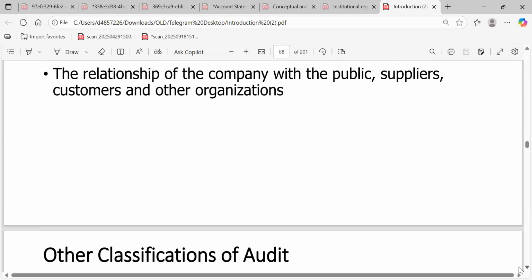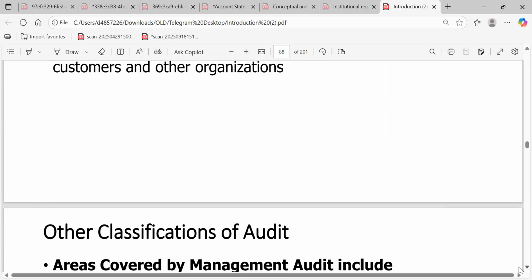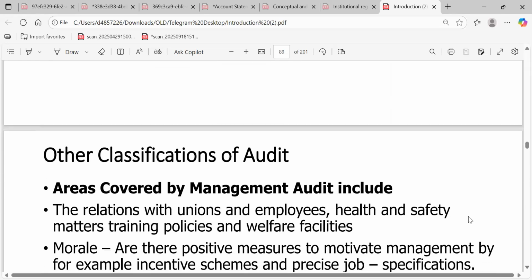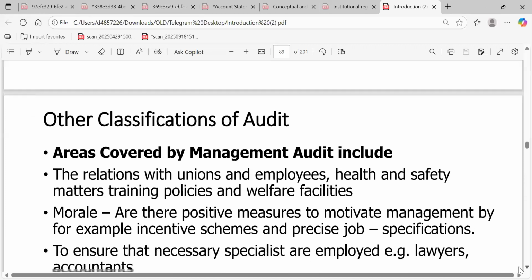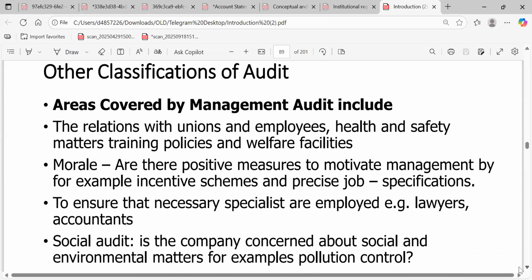Sometimes, because of independence and all of that, the entity may want to request an outside person to carry out this audit for them. So these are some of the areas which management audits cover.